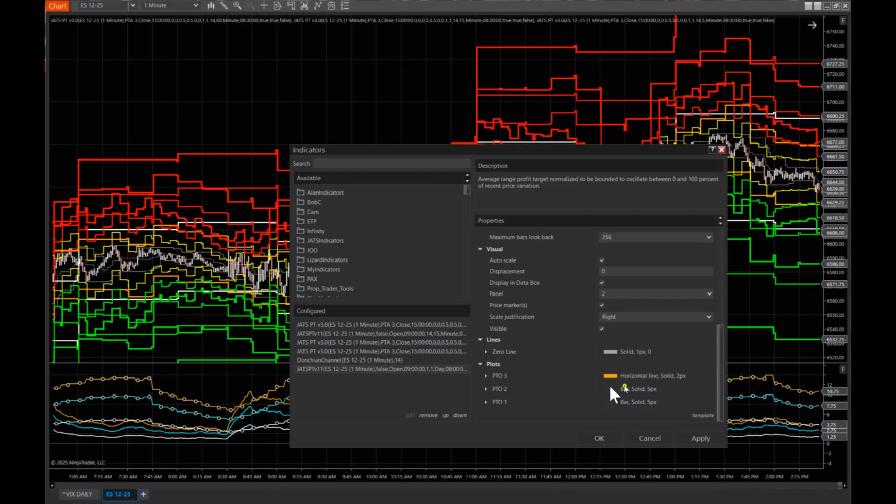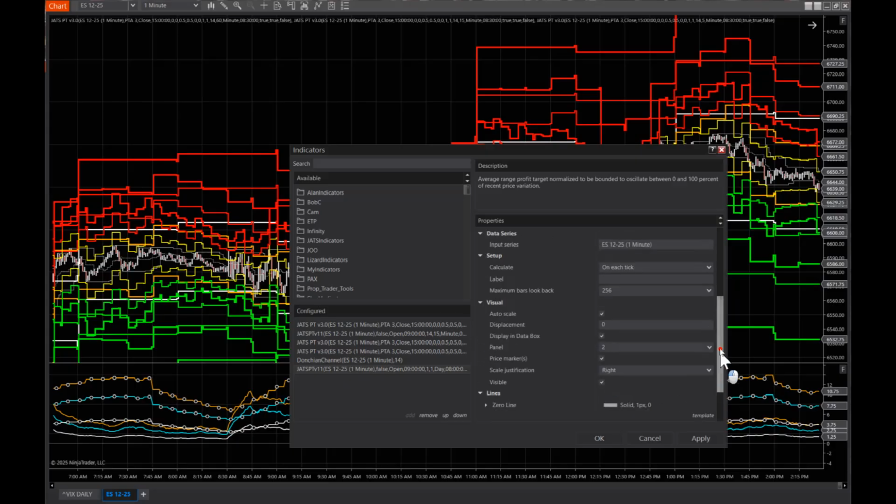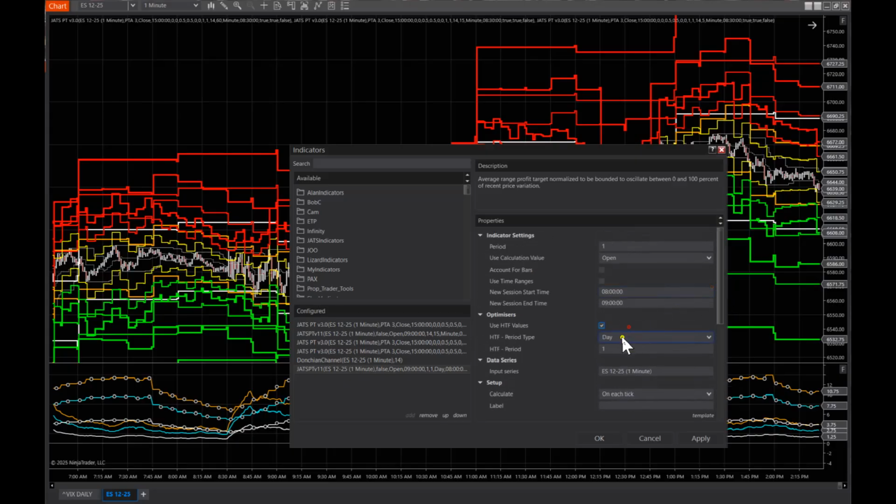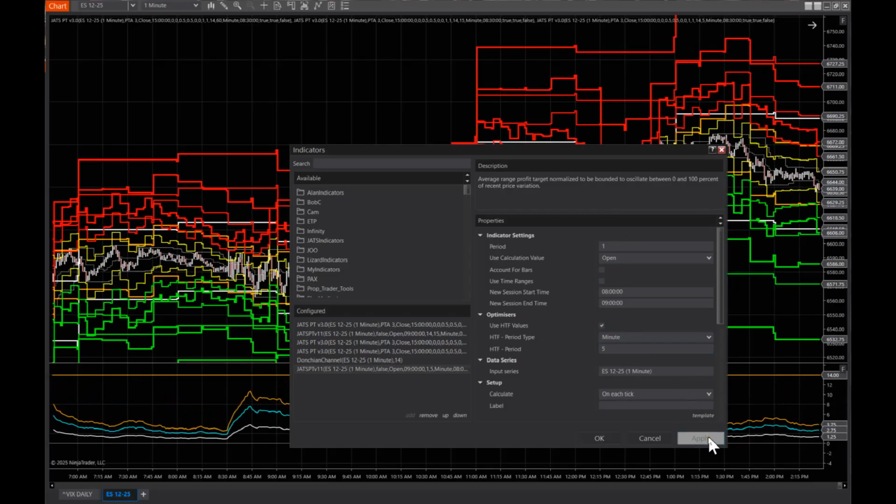Right there, that orange, and then set this as a 5 minute for one period, and a 5 minute for a 14 period.